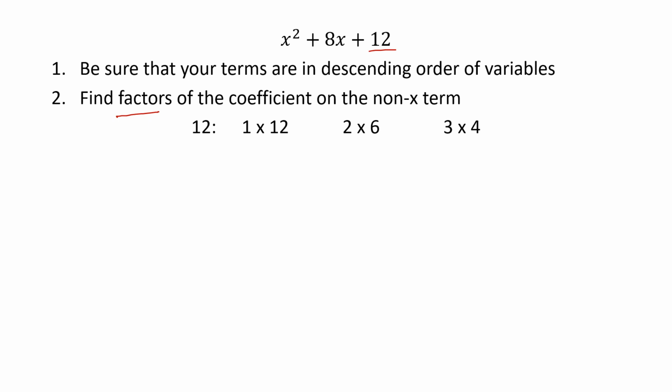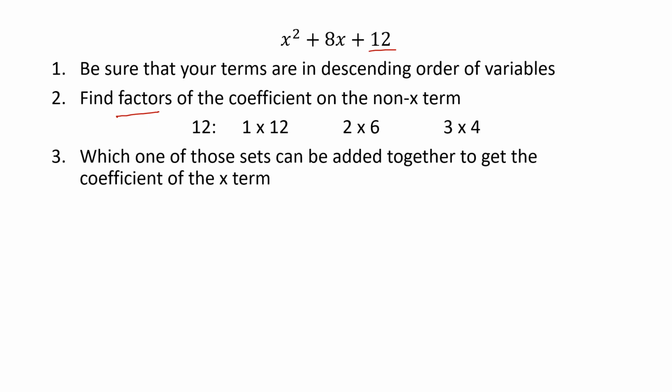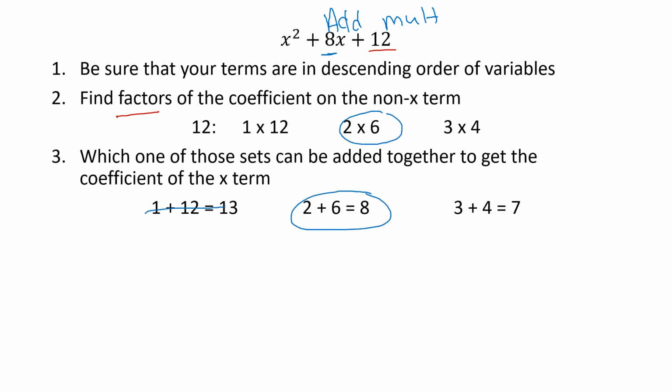But I now need to find those numbers that when added together get me here. Remember, it's added, multiplied. Well, 1 plus 12 is 13, not 8. 2 plus 6 is 8. 2 times 6 equals 12. So my answer is x plus 6 and x plus 2.